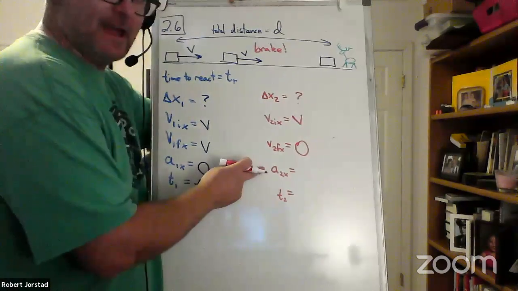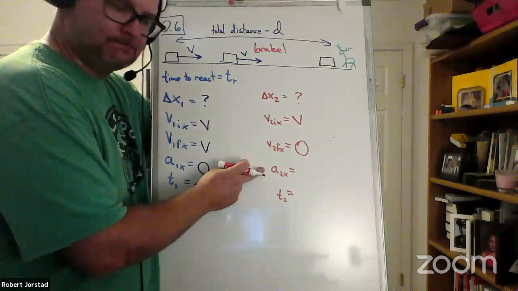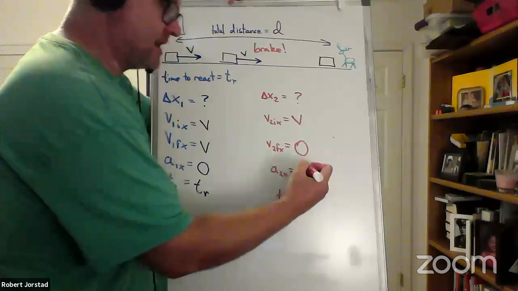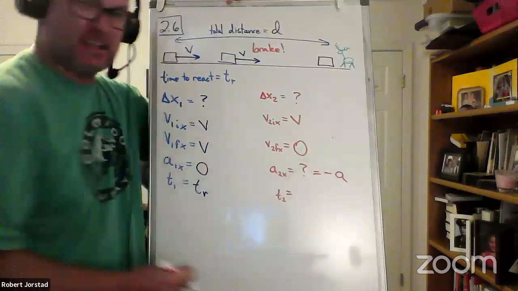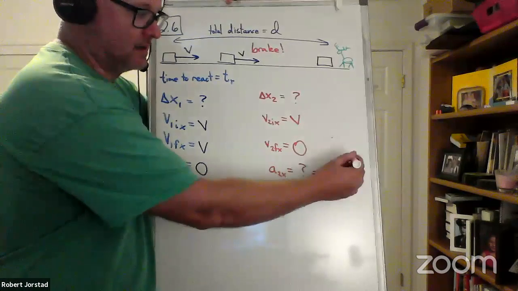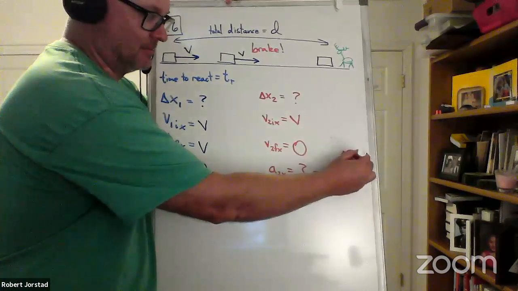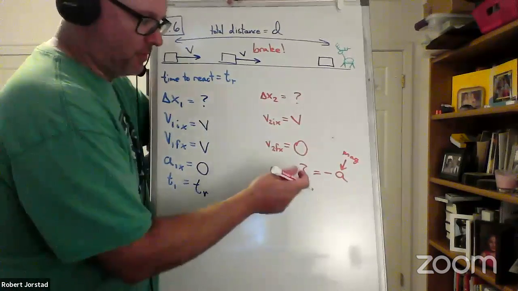Do I know A2X? No. Yeah, we do think it should be some negative number. So in the solutions, I actually said negative A, where this is the magnitude. Or you could just call it A2X for right now. But we don't know what it is.